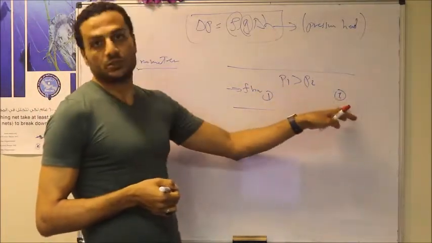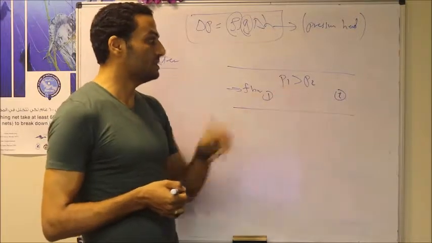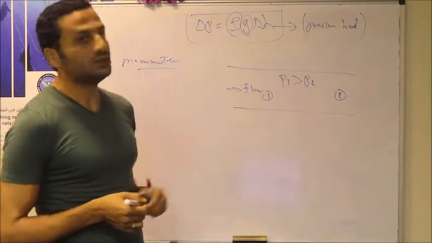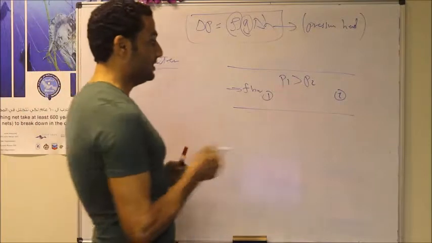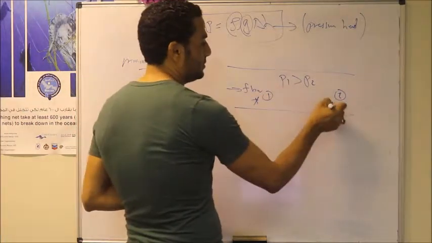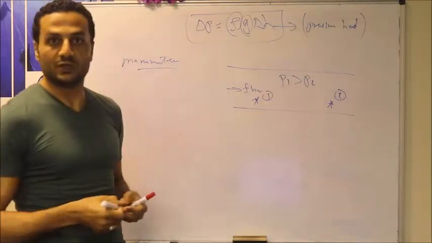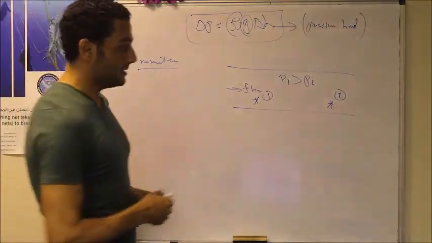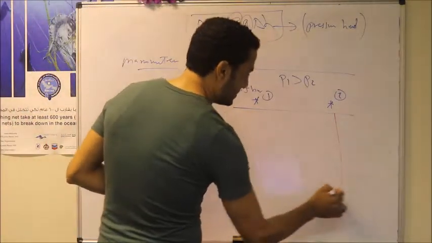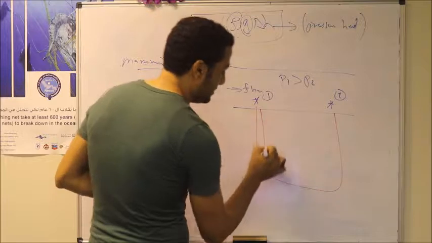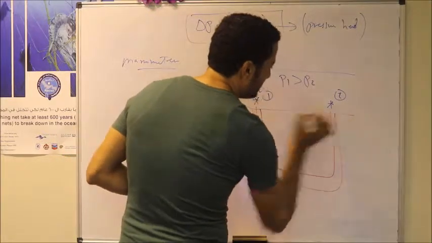So the pressure should be reduced: P2 should be less than P1, or P1 should be greater than P2. But if I want to measure the pressure difference between those 2 points, he said we can connect what's called a U-tube manometer. This is a manometer.